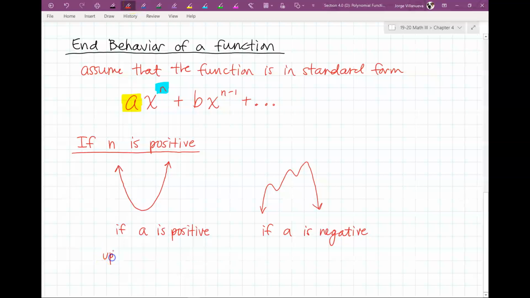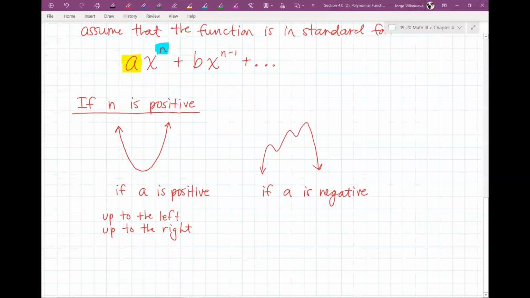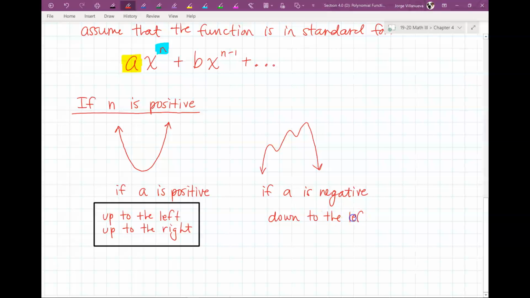It goes up to the left, up to the right. Okay? So that's what you're supposed to write in that situation. If A is negative and your power, your highest degree, is positive, then it's going to go down to the left and down to the right.